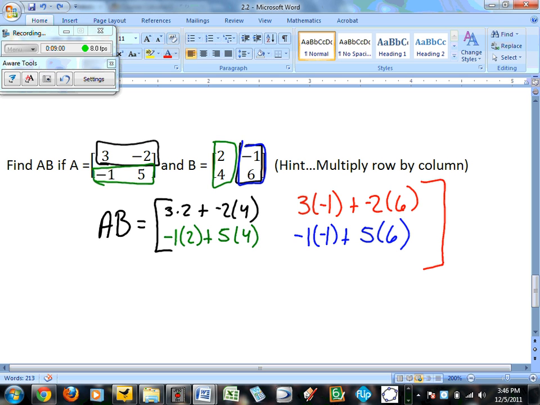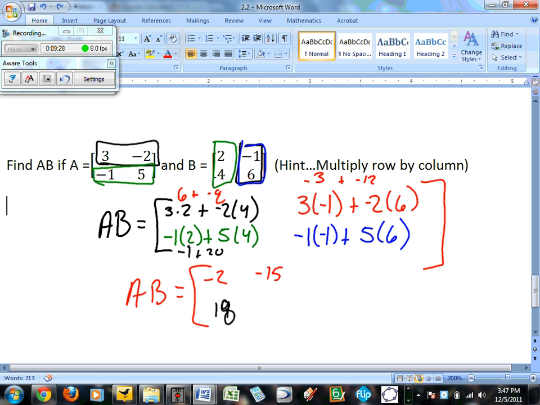Now when we work all this out, I'm going to have 6 plus a negative 8, so AB is going to be negative 2 in the top left. Then I'll have negative 3 plus a negative 12, which would be negative 15. Down at the bottom left, I'll have negative 2 plus 20, which is 18.